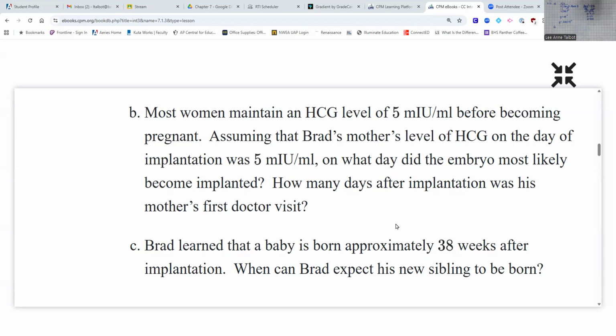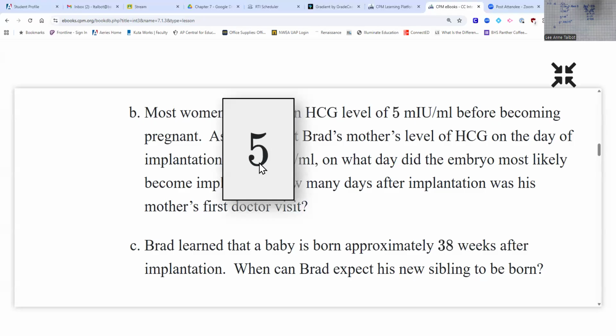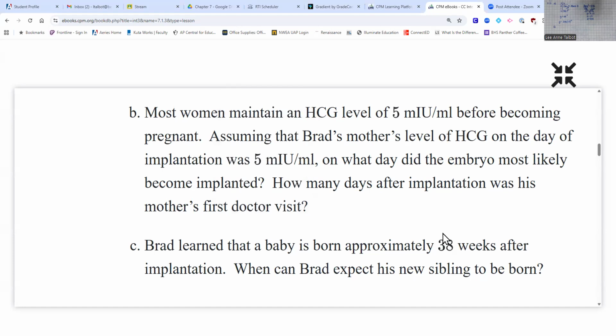Okay, so 5. First question I have for you: is this an x or a y? Look at your table. Is it a day or is it an amount? Is 5 an x or a y? It's a y.